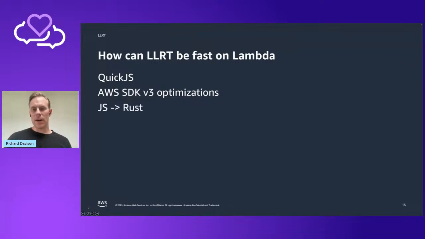And one of the biggest contributors to performance is that I have shifted a lot of complexity from JavaScript to Rust, meaning that a lot of APIs have been implemented in Rust rather than in JavaScript, so they will have an instant performance boost. And the last one is that it's lightweight. The whole runtime in itself comes in just under 3 megabytes, and that is including the AWS SDK.